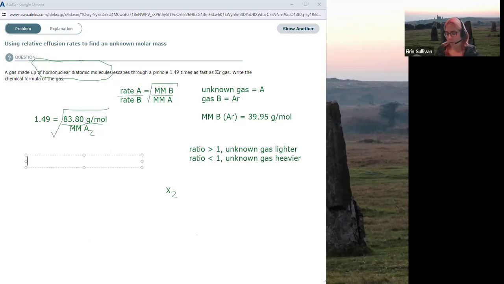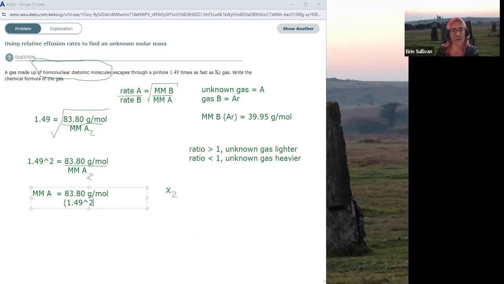So I end up with 1.49 squared equals 83.80 grams per mole divided by whatever the molar mass is of A subscript 2. Okay, and then I want to times both sides by the molar mass of A, and then divide both sides by that 1.49 squared. So I should get the molar mass of A subscript 2 is 83.80 grams per mole divided by 1.49 squared.